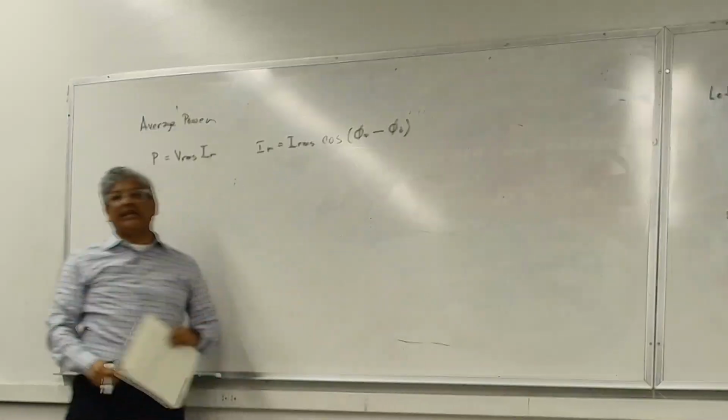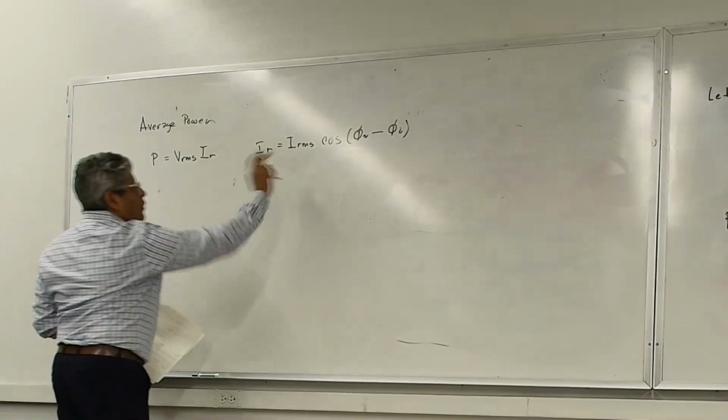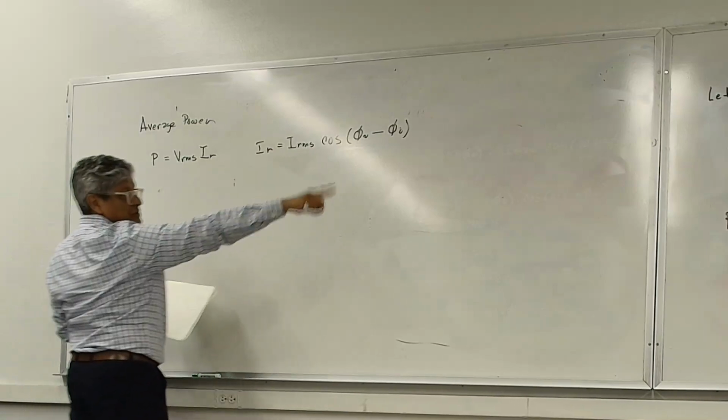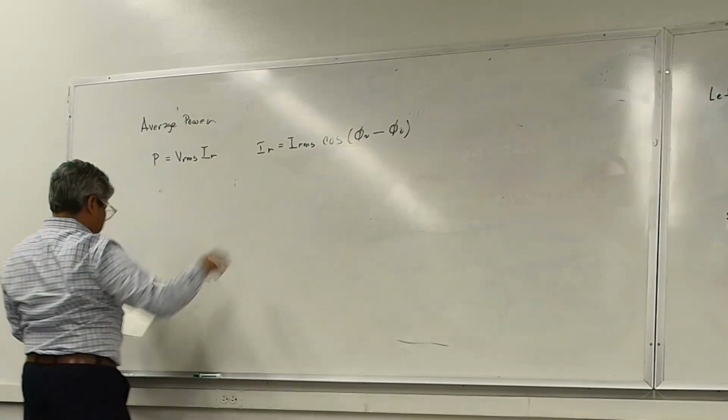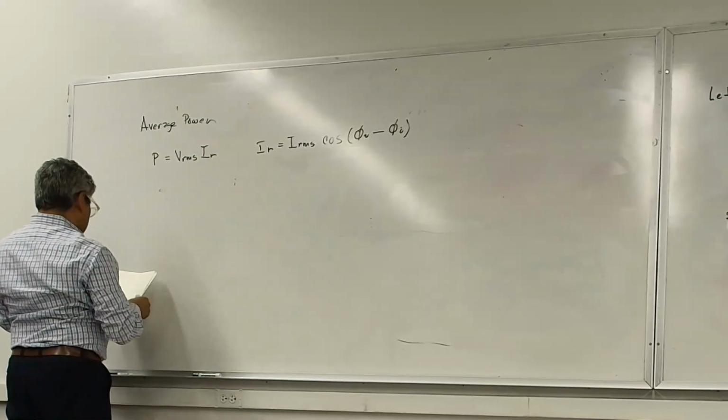And it's always like this. It's not the current minus the voltage. It's always voltage minus current to get the right angle. So somehow I put that in there. I made a substitution. I created this variable IR.